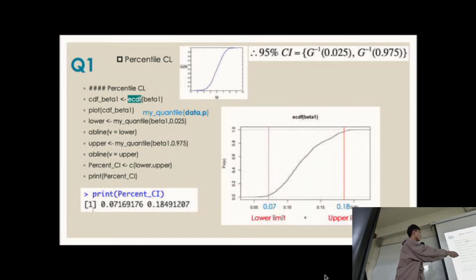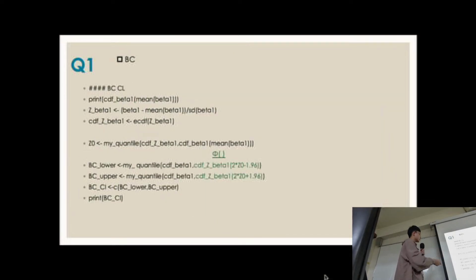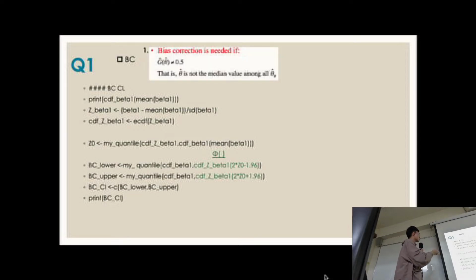So that is the output of the figures, and the second method is the bias correction. The first thing to do is to see whether bias correction is needed or not. So we need to calculate whether G of theta hat is equal to 0.5 or not. I use theta as the mean of beta 1 and put it into the G function, and we can see that it's 0.55, not 0.5, so it is biased.